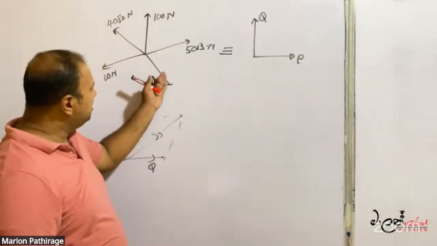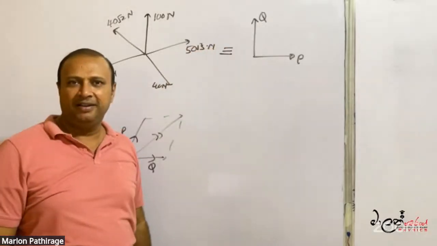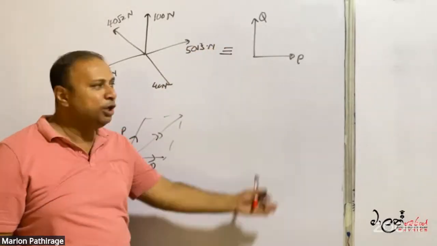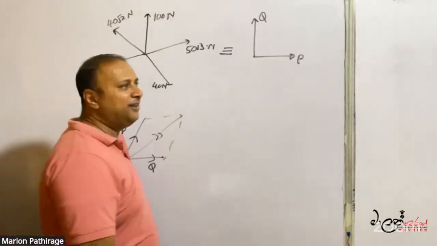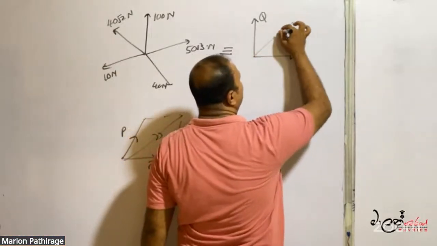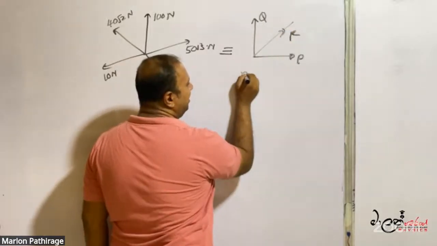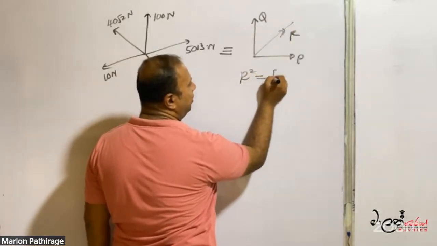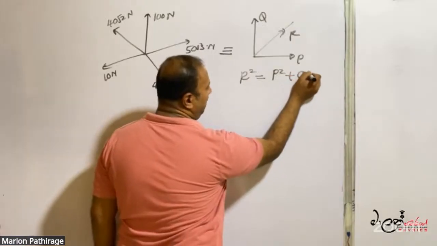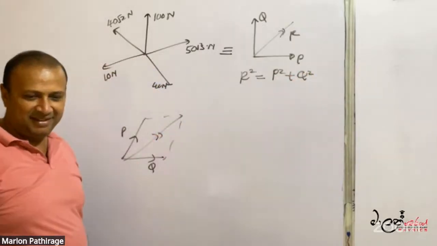Now this vector system is equivalent to this one. Now it is very easy to find the resultant vector: R squared is equal to P squared plus Q squared. That's all.